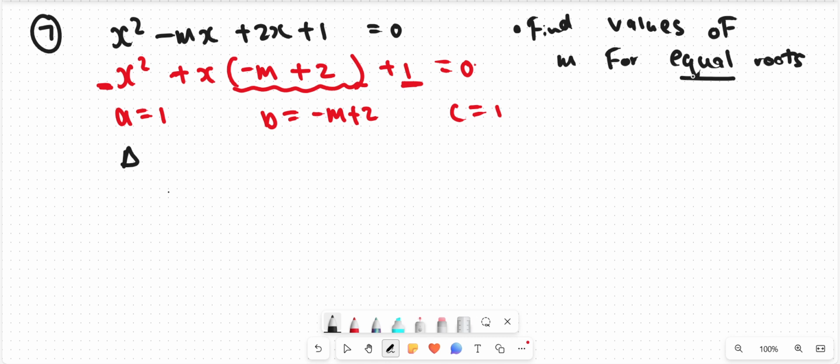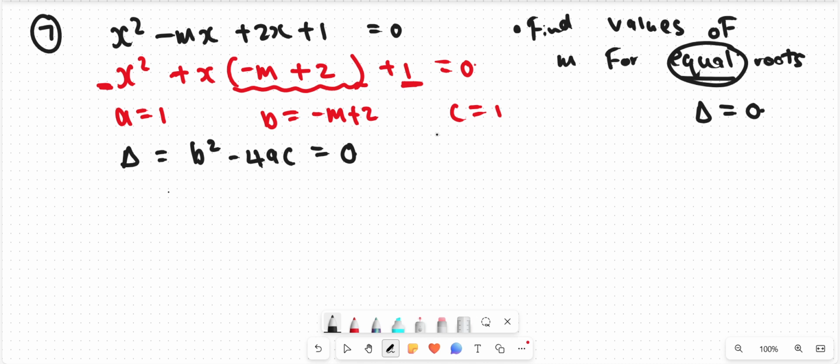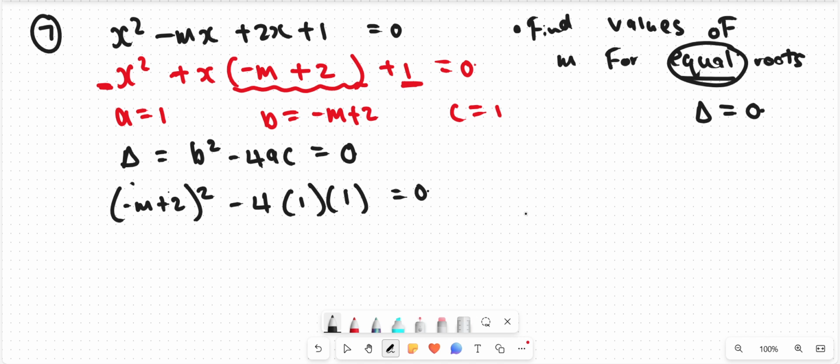But remember, for equal roots, the discriminant has to be equal to 0. So I'm taking my discriminant and making it equal to 0. So let's substitute. It will be negative m plus 2, squared, minus 4, 1 for the c, and I'm making this equal to 0.